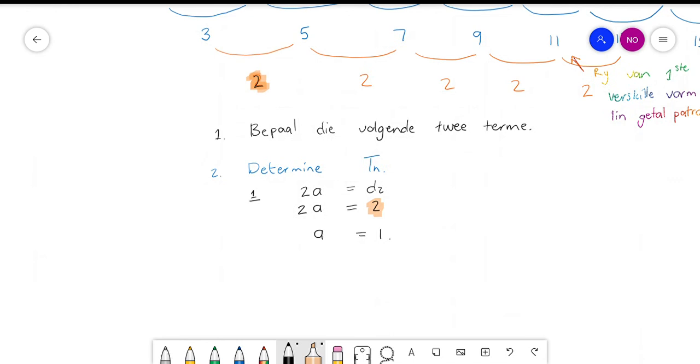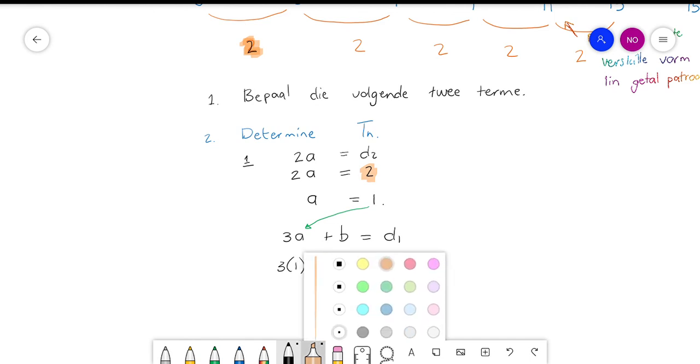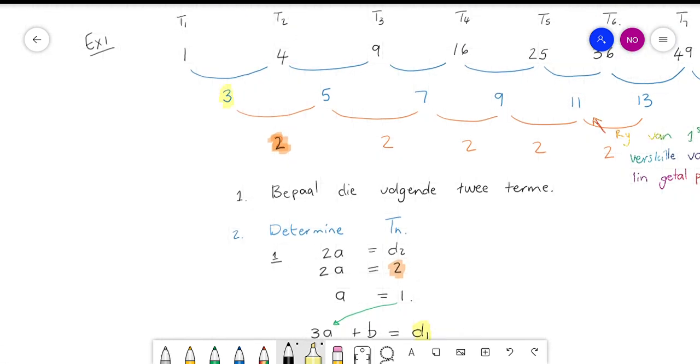Okay. Then the next equation that I'm going to use is 3a plus b is equal to d1. Now what you need to see is I'm going to put the value of a in there. Jy het mos nou klaar die waarde van a opgelos. Sien julle? Almal by. So jy moet begin by daai waarde van a. So dan sê jy 3 maal 1 plus b is gelyk aan, and this one is the 3.